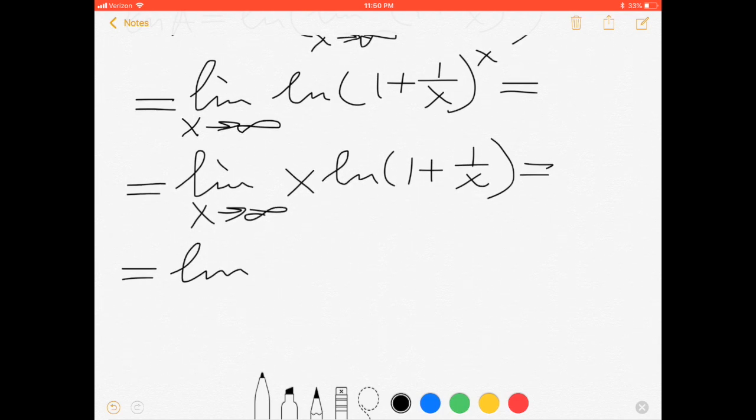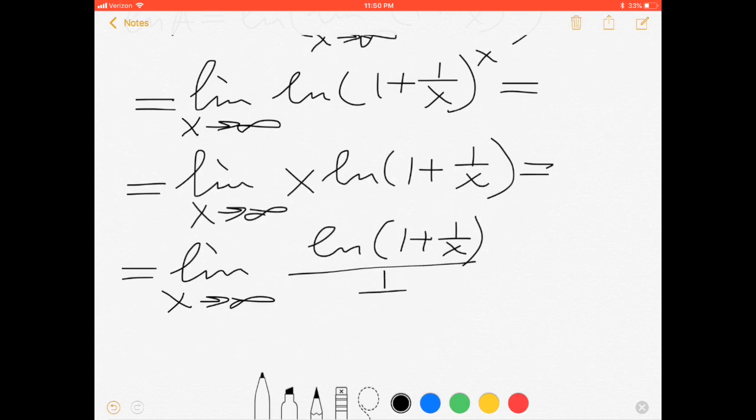This means rewrite it like a fraction: natural log (1 plus 1 over x) divided by 1 over x. And what do we have now? If we plug in x infinity, 1 over infinity is 0, 1 plus 0 is 1, natural log of 1 will be 0. 1 over infinity is 0.